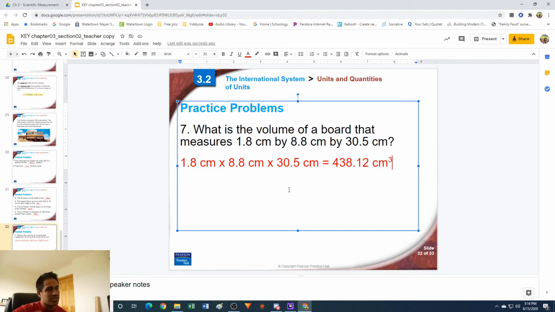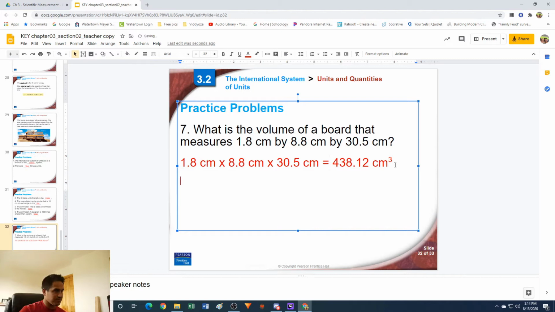And since, of course, in this chapter we're learning about significant figures, how should we round our answer? So this first number has 2 significant figures. This second number has 2 significant figures. And this third number has 3 significant figures. So since we're doing multiplication, and these 2 measurements have 2 sig figs, we should round this to 2 sig figs.